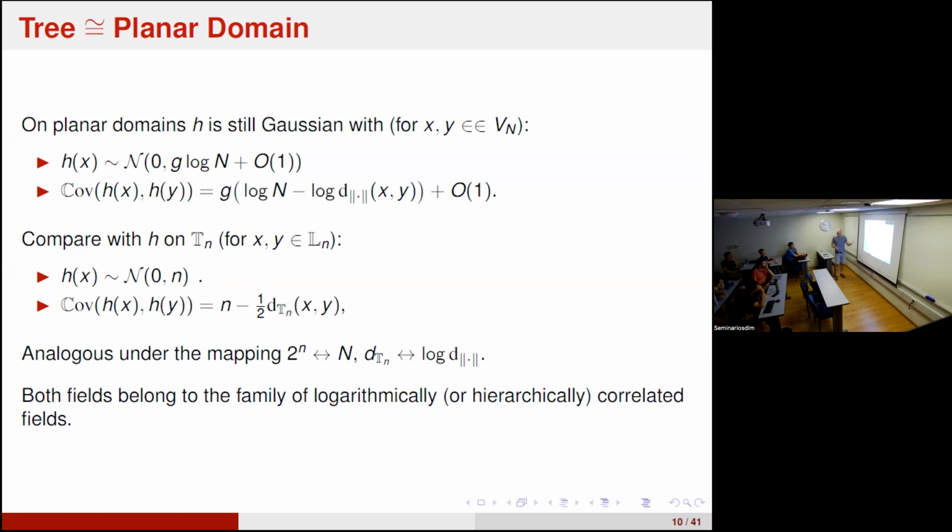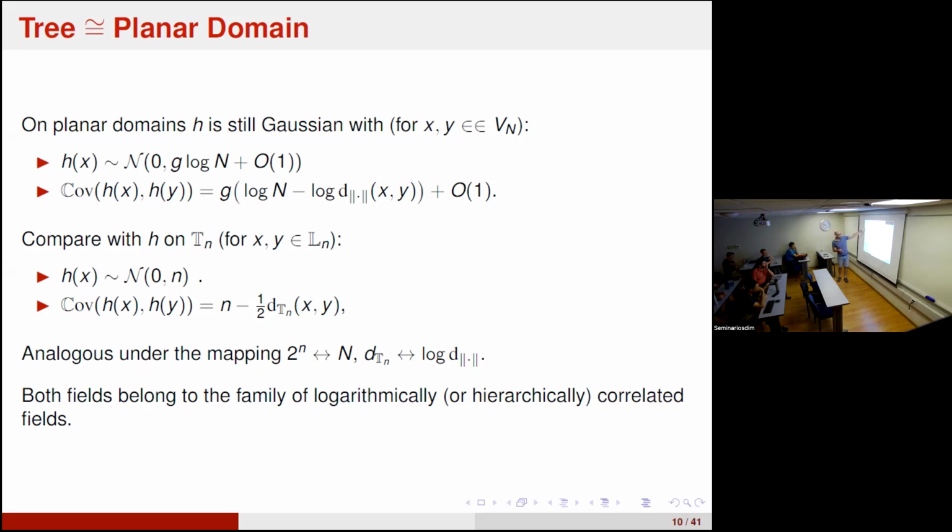Okay, so the tree is much easier than the planar domain on one hand, but on the other hand, it's actually very similar to the planar domain. Which might look surprising because for many other problems, tree and planar domains are very different. For the Gaussian free field, and certain aspects of random walks, tree and planar domain are very similar, and I'll try to show this.